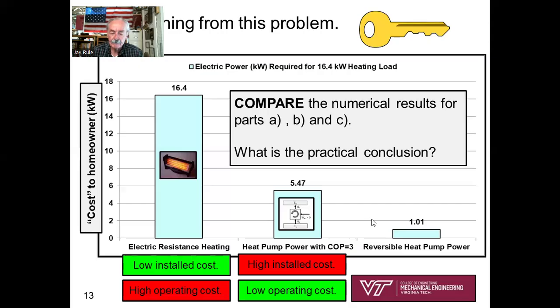For example, our heat pump crapped out on us due to old age, and we had to replace the heat pump in our residence, and it cost $14,000. So that's pretty high installed cost. This is going to give you an idea of the engineering dilemma of what do I select?